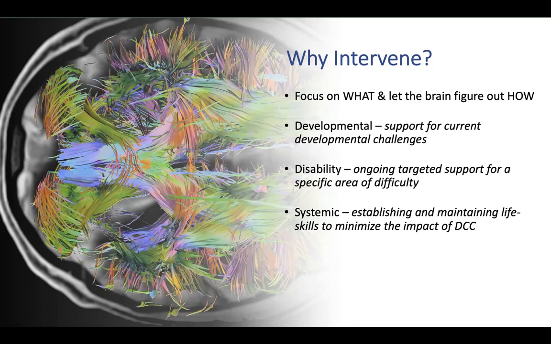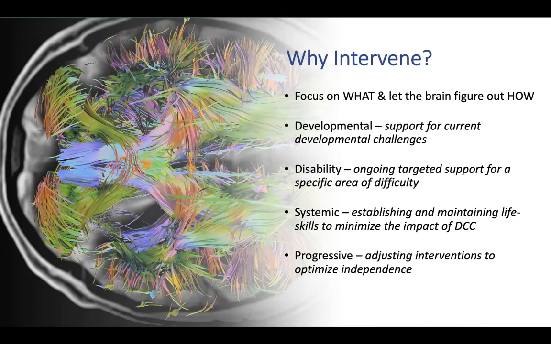Those are the interventions that you as a parent take to help establish and maintain life skills and help minimize the impact of the corpus callosum malformation across this individual's life. That's not just focused on a specific skill, it's focused on how do we set up their life? How do we set up the home? How do we set up routines? We'll come back to that in a minute.